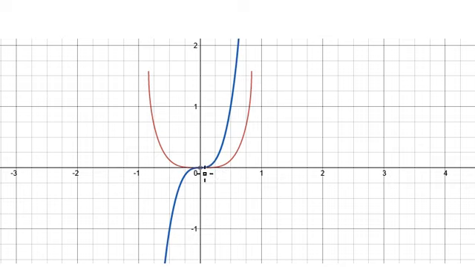Now look at the blue line: when x is 0, the gradient is 0. Looking at the red line at this point, it's really steep and negatively steep. Now looking at the blue line, it's really high and on the negative side. So that kind of makes sense.